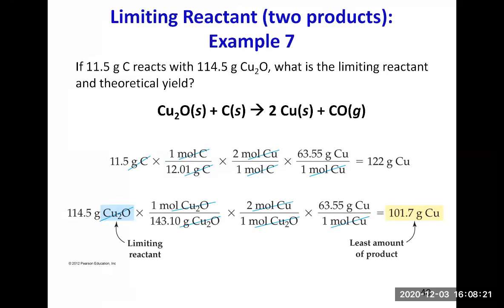And so the molar mass is written as a ratio with the moles on top and the grams on the bottom, because then we can cancel the units of grams of copper 1 oxide. Multiply by the second conversion factor, that is going to change the moles of Cu2O into moles of Cu. And we have 1 mole of Cu2O producing 2 moles of copper. So this way moles of Cu2O cancel.